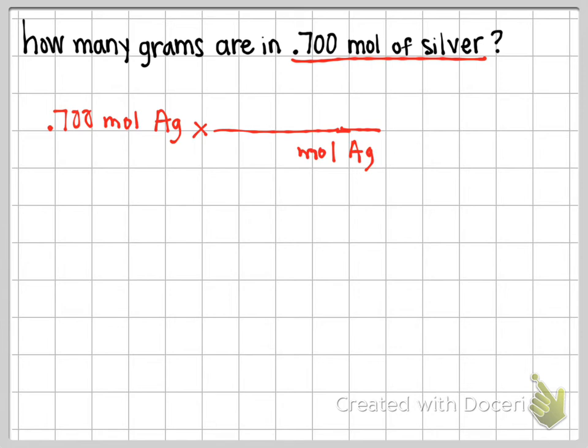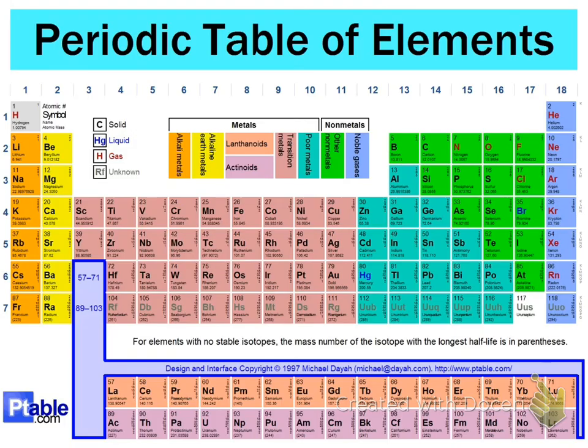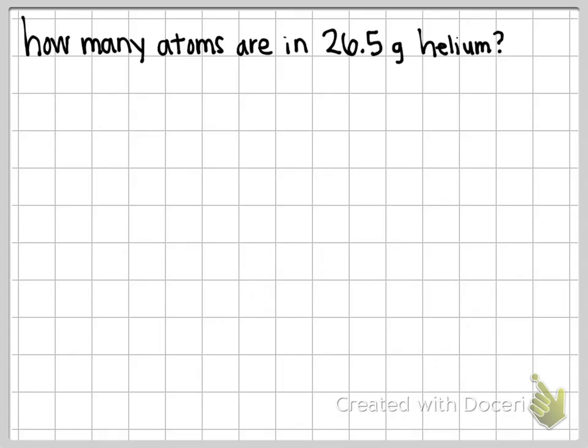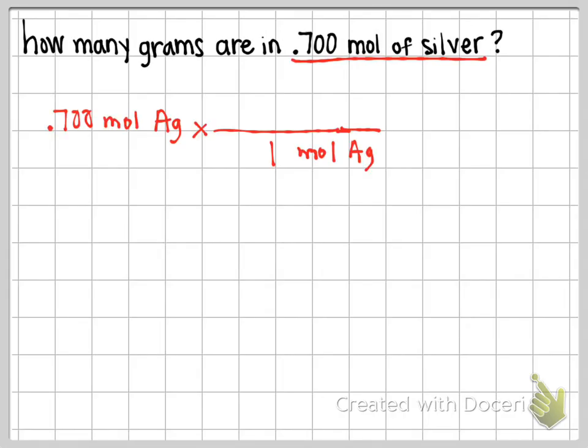So 1 mole of silver equals the molar mass of silver to 2 decimal places. So you find silver, and you look at that mass on the bottom, and you round it to 2 decimal places, and that is what goes on top. So to 2 decimal places, it is 107.87 grams.